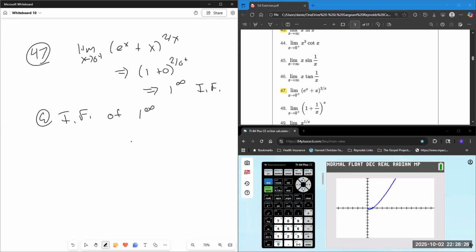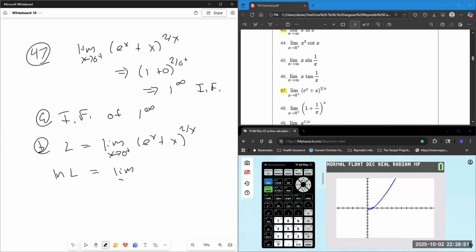So we'll have to use some stuff here to be able to tell you what that limit is. I'll call that limit L. Limit as x goes to 0 right of e to the x plus x to the 2 over x. And I'll take the ln of both sides.